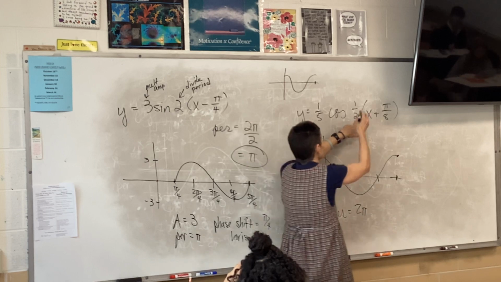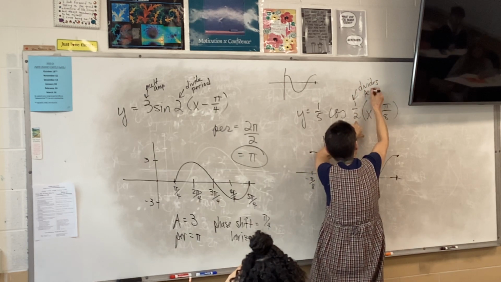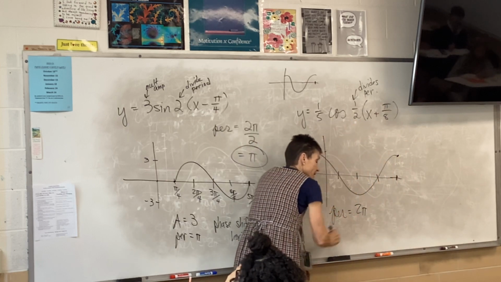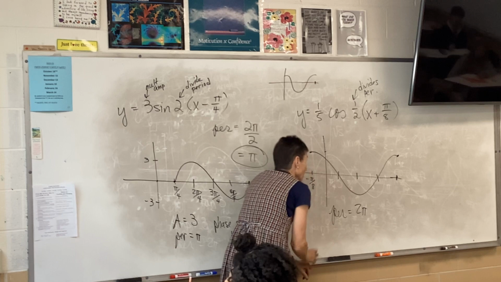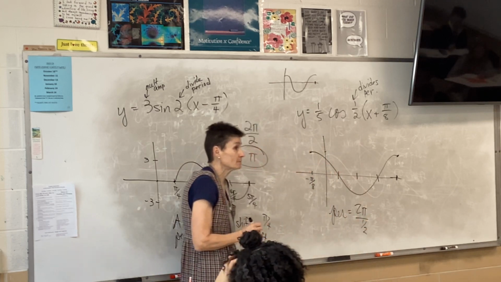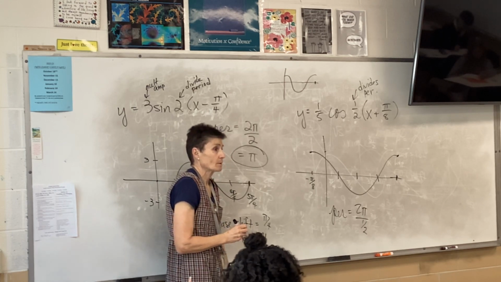This number divides the period. So if my normal period is 2 pi, this picture will be 2 pi divided by half, which is what? 4 pi?